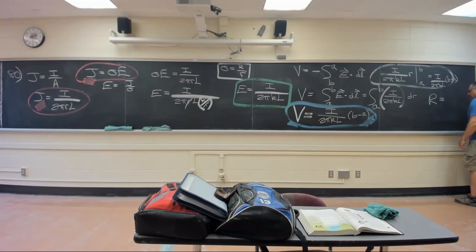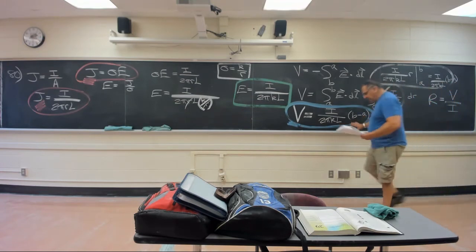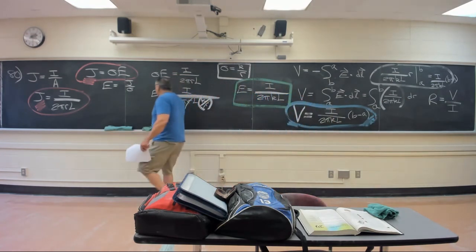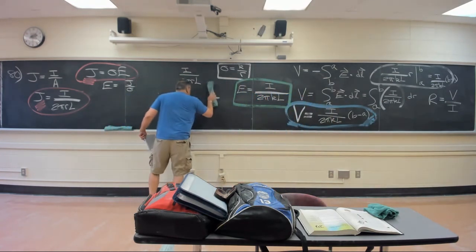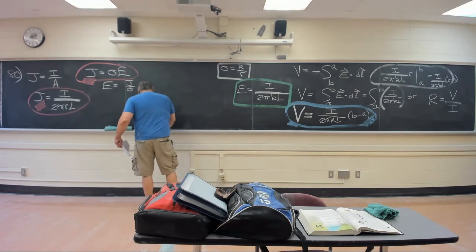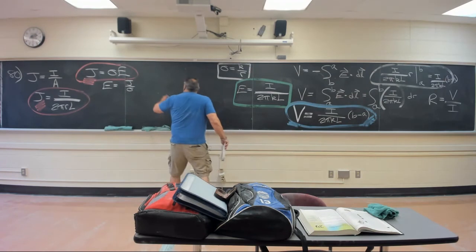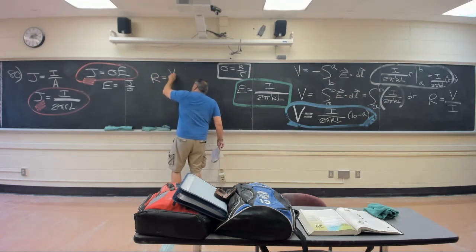We know that potential difference is I times R. So R is going to be voltage over I. That's going to be the resistance, voltage over I. So let me take this voltage and divide it by I. So resistance equals potential difference divided by I.